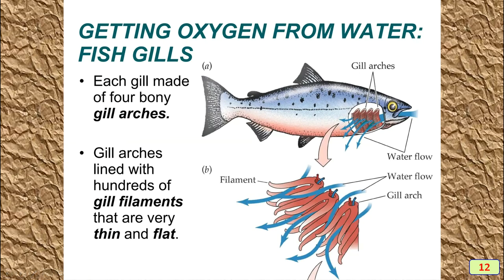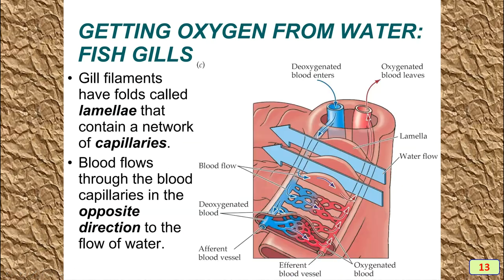Each gill is made up of bony gill arches, and a filamentous structure is present. Water flowing in between makes the oxygen be absorbed more and more into the circulation.